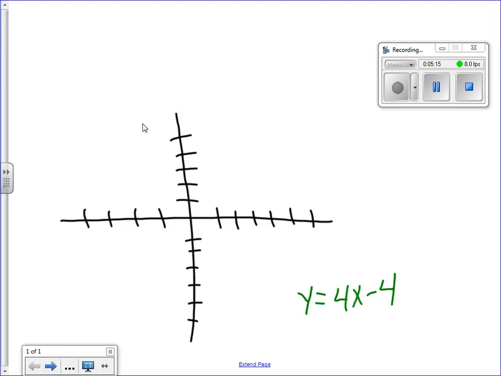So, where do I start? Okay, what's my y-intercept? Here? And then what happens? And over 1? And then what?